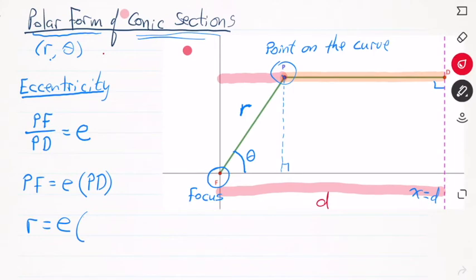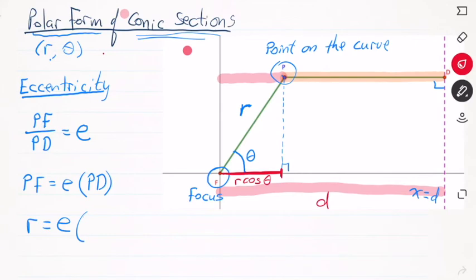So if that length is d, then to find the orange length, we just need to get rid of the side. So I need to know the length of that side of the triangle. And that's easy enough to do. We should know what that is pretty quickly. If I call that x, this becomes cosine of theta is equal to x over r, and therefore this side becomes known as r cosine theta.